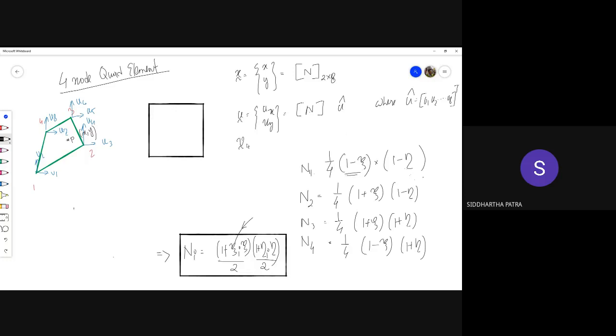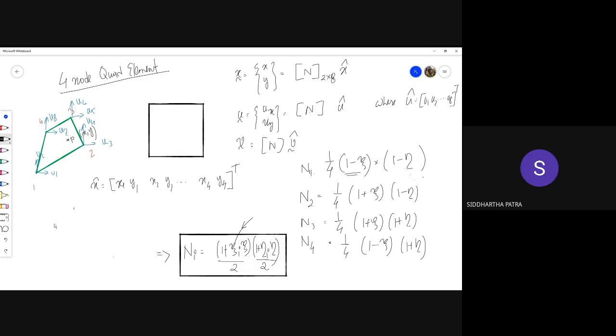The same thing happens to the variation, N times v hat. And x is N times x hat, where x hat is x1, y1, the coordinates of node number 1, x2, y2, and so on up to x4, y4, this whole thing transpose. Basically, it's a column vector.